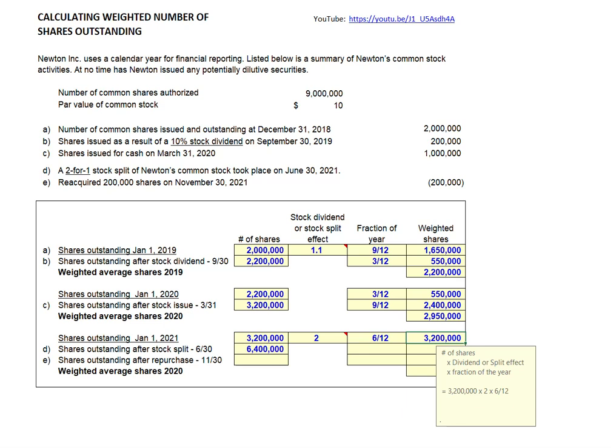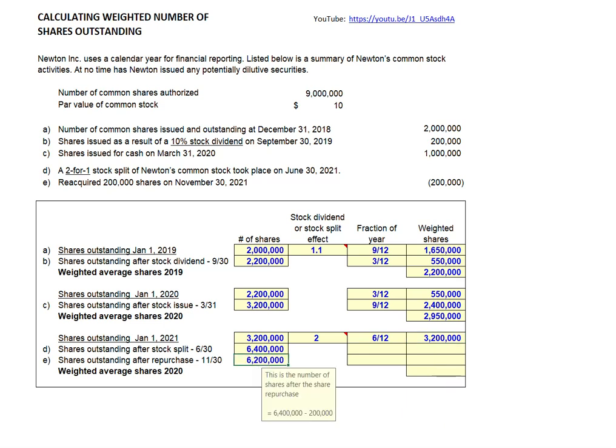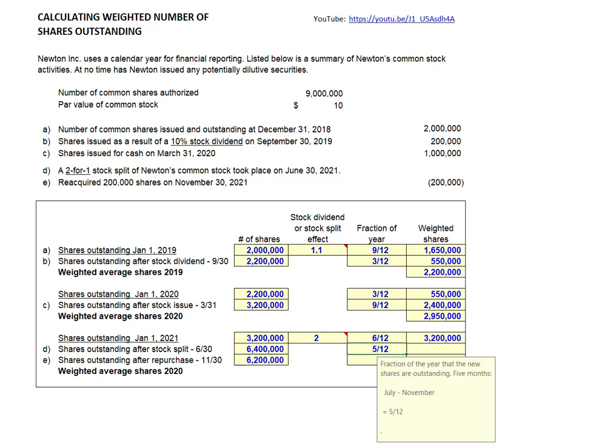The next stock transaction takes place on November 30th, when we repurchase 200,000 shares, reducing our total shares outstanding to 6.2 million. That means the 6.4 million shares were outstanding for 5 months of the year. That's July through November. So we take the 6.4 million, multiply it by 5/12, and get 2,666,667 shares.